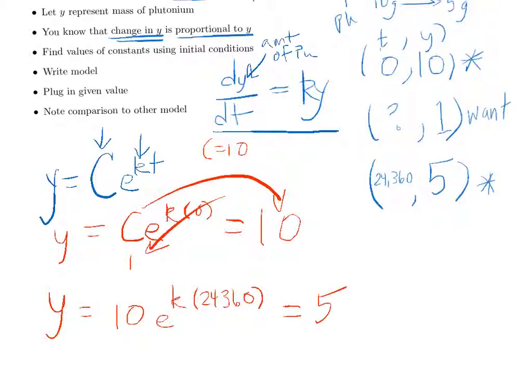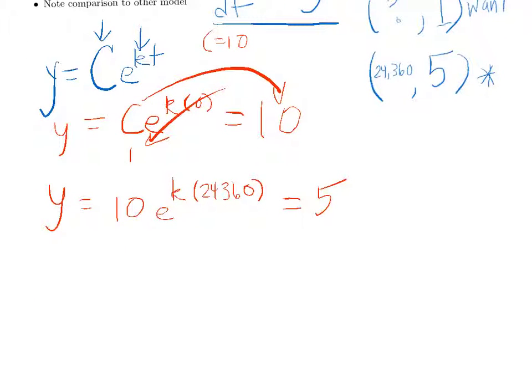All right, if we want to solve this, we could plug it all into our calculator, but let's go through the steps it takes before we get there. Divide by 10, that'll leave us with e^(k times 24,360) equals 1/2. What do we do to both sides to get k? Natural log of both sides. That's going to get rid of the ln e.